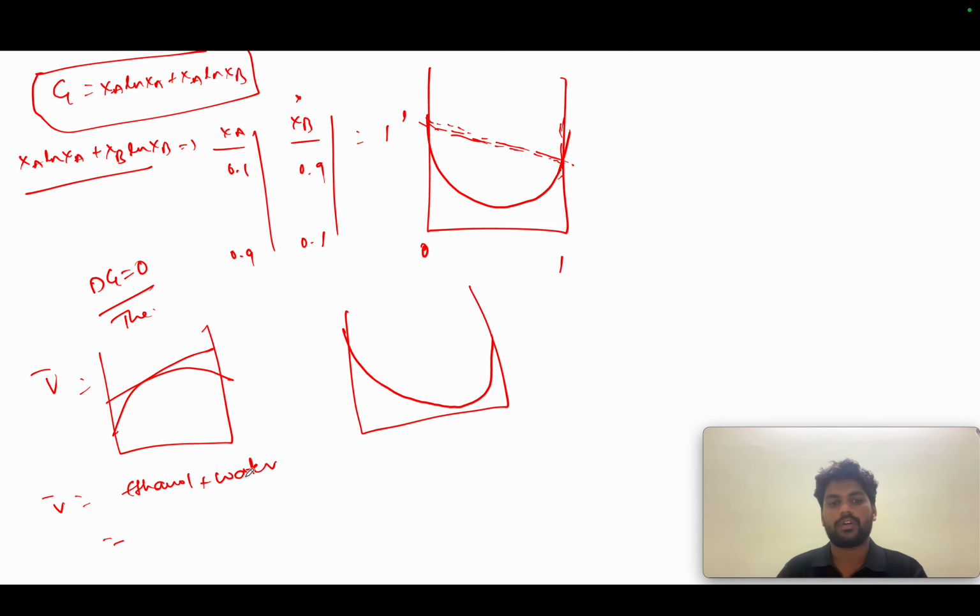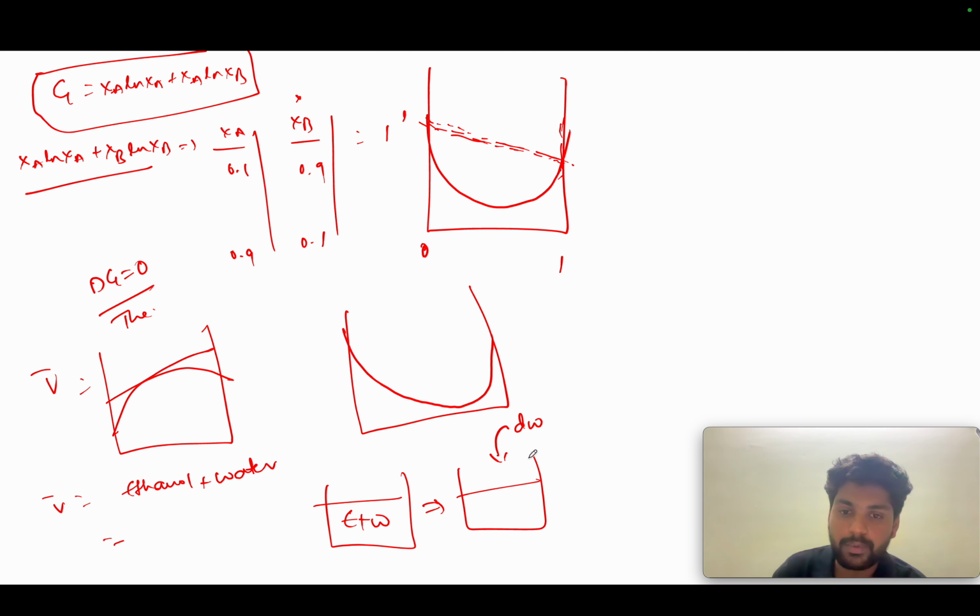Initially I have the system with ethanol plus water. After some time I have added dw water molecules. So I started mixing it, and then it comes to equilibrium. So now it is E plus W plus dw. This is a basic representation.